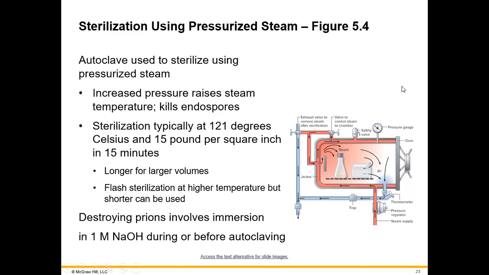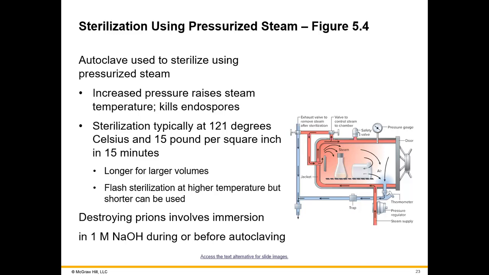It's essentially an enclosed chamber whereby the interior temperature is raised, and there is steam that is injected into that chamber so as to raise the pressure inside. So the temperature, as a result of the pressure, the temperature of the steam rises up to typically 121 degrees Celsius.